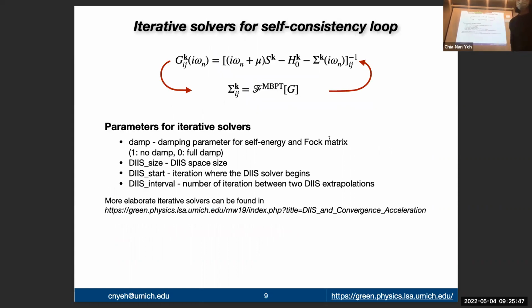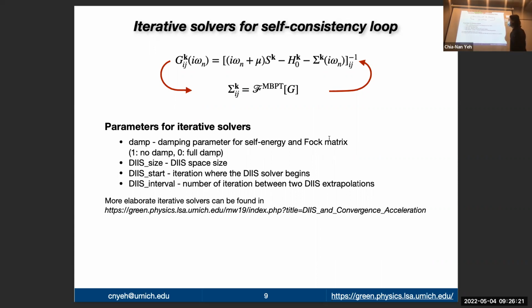We also have these iterative solver parameters, which were already carefully covered by Pavel. Essentially, this is the central object in our program. It means you need a self-consistent loop between these two equations. If you simply update G using the new sigma, and then update sigma using the new G, and keep updating naively, for a simple system you could achieve convergence.